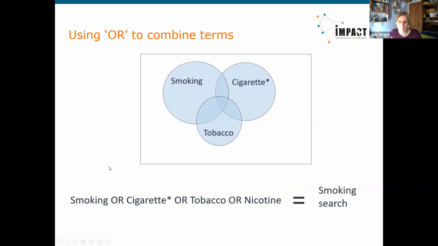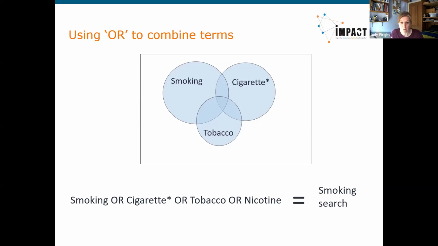The next tip, or maybe a refresher for you, is using the OR and combining terms in databases. So when you're looking at a database, you'll often see there are little buttons there where you can combine terms or different search lines using OR and AND. We would definitely want to use the OR combination when we're putting together our search for smoking, because we want the database to find all the records using our smoking terms, and we don't mind if the record has the term smoking or cigarette or tobacco or nicotine.